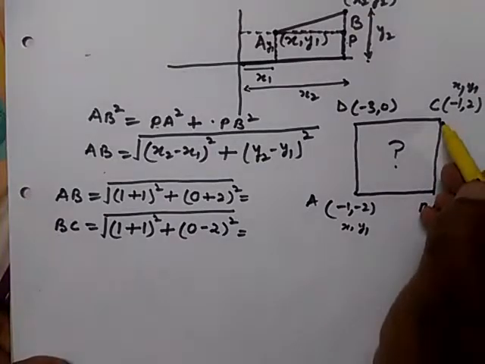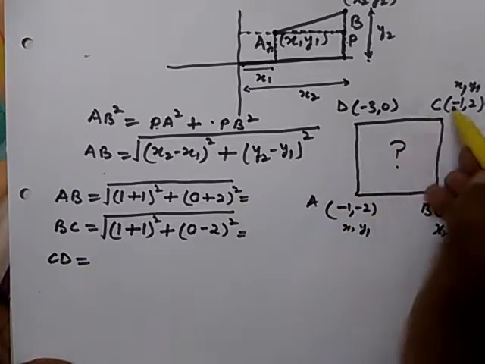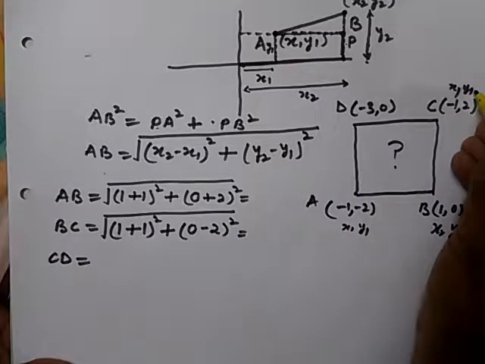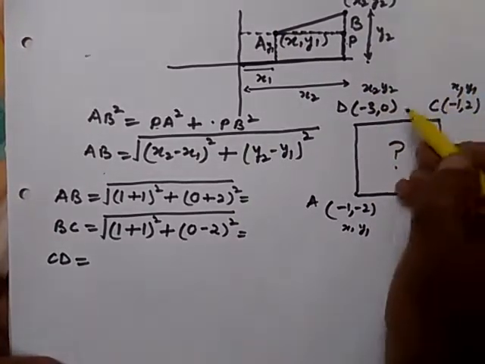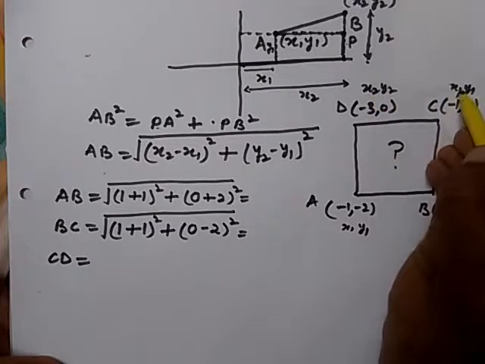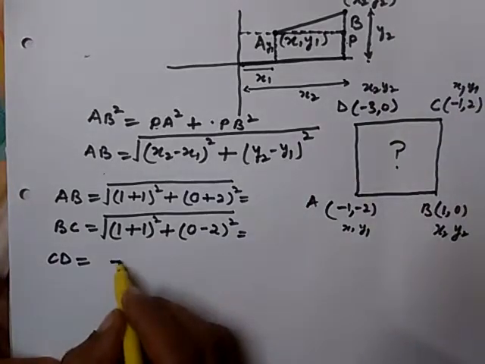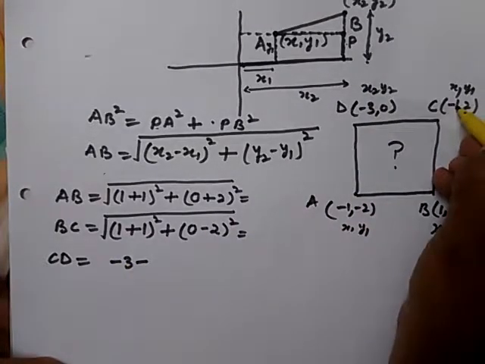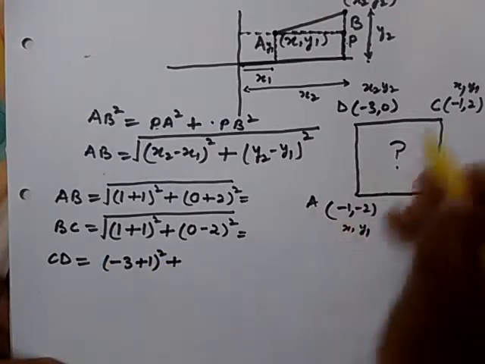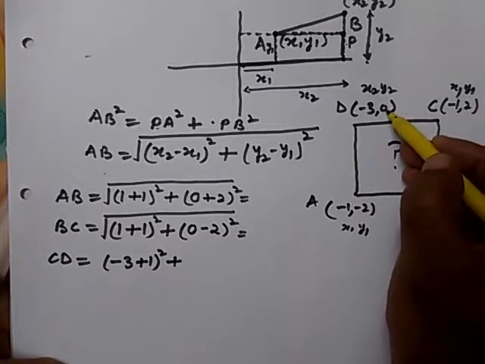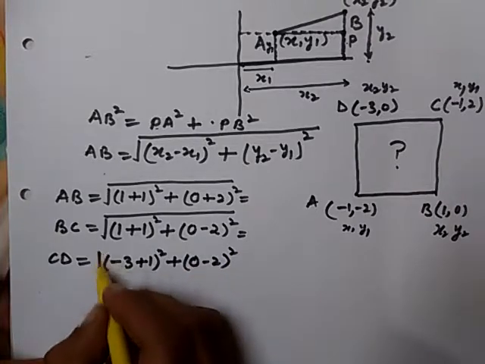Then you will go for the third side, CD. CD is equal to, this is x1, y1, already written. For the time being suppose this is x2, y2, and use the formula: x2 minus x1 means minus 3 minus 1. Minus 3 minus, it is already minus 1, so it will become plus 1, plus y2 minus y1 means 0 minus 2, its square and under root.